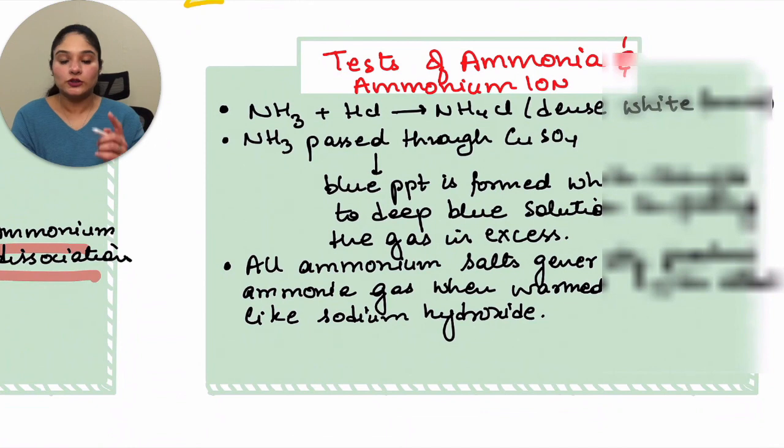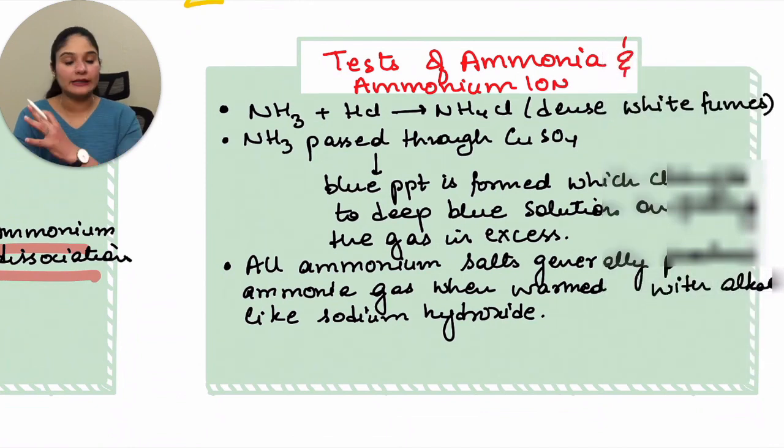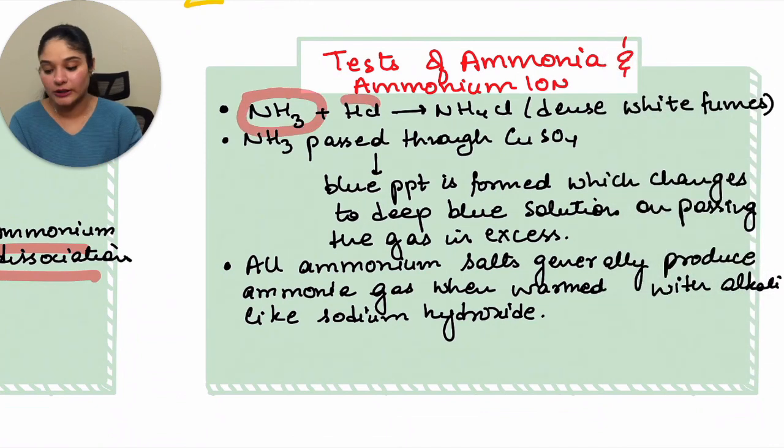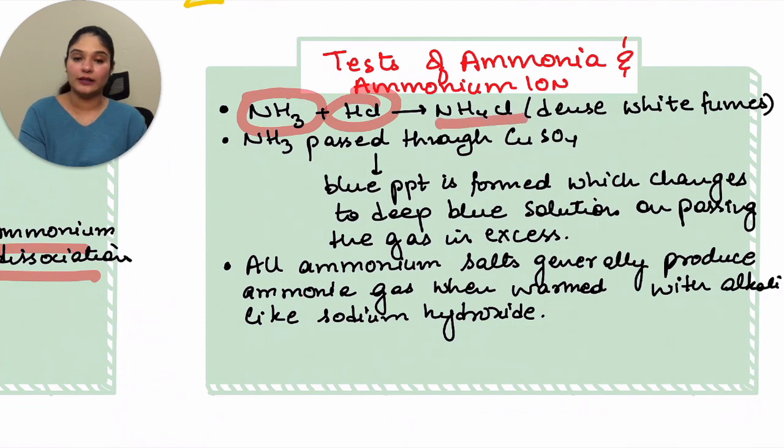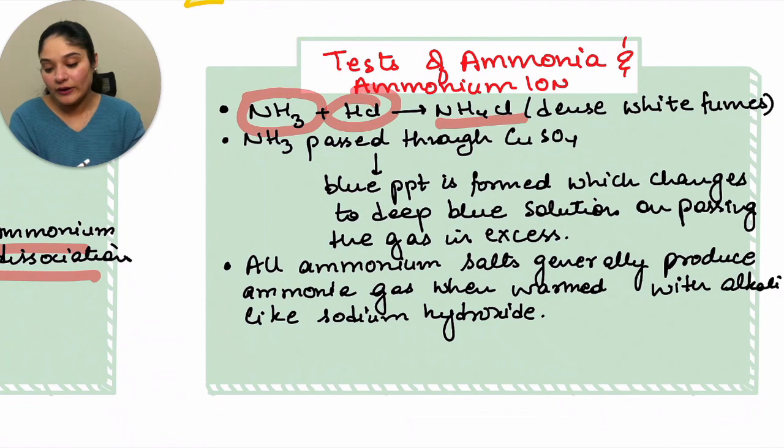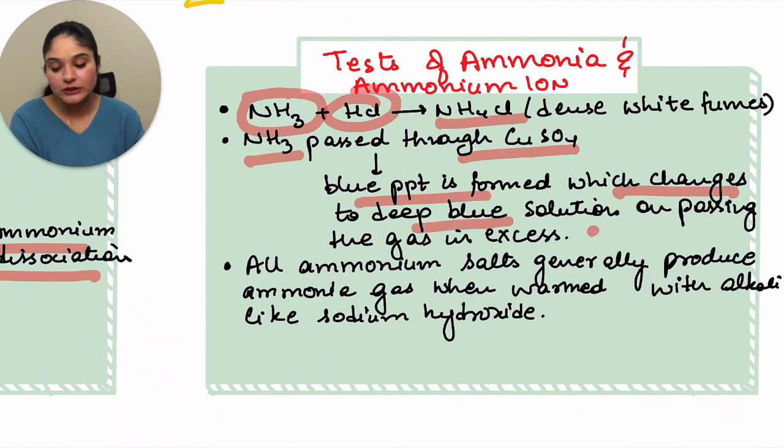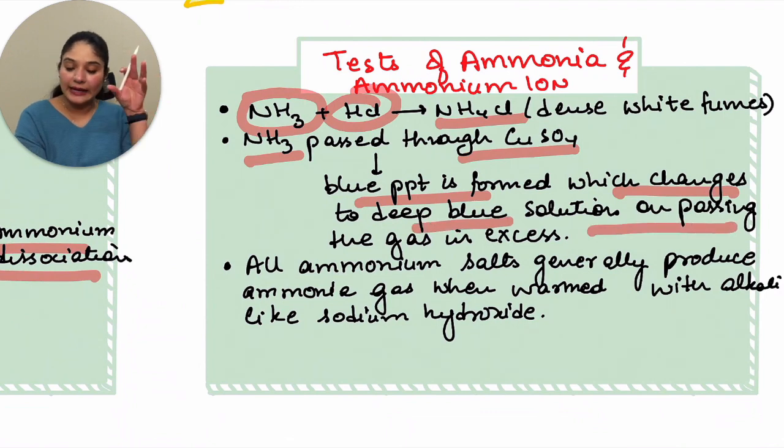It thermally dissociates. Let's look at the last portion, that is tests for ammonia. So the first test is common for HCl and ammonia, that is NH3 plus HCl gives you NH4Cl, that is dense white fumes of ammonium chloride. When ammonia is passed through CuSO4, it gives you a blue PPT which changes into deep blue on passing excess gas into it.